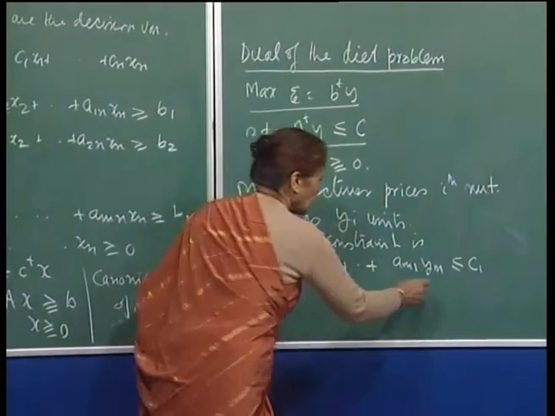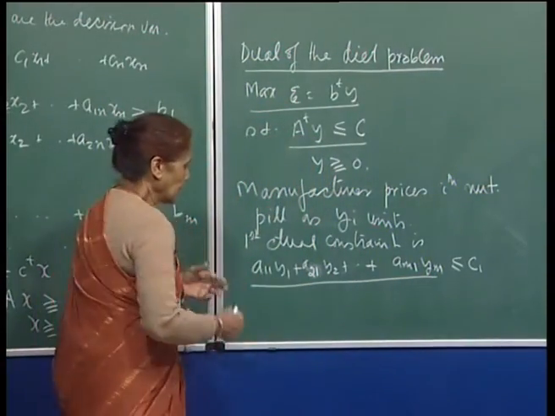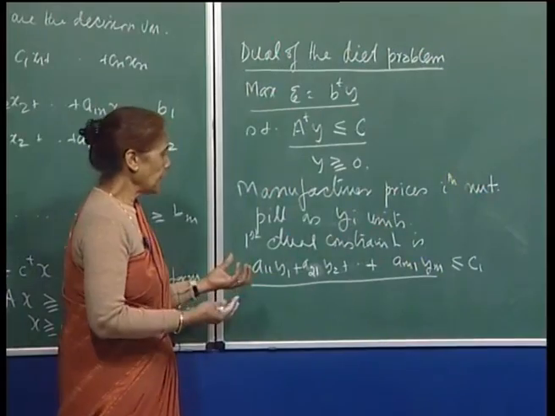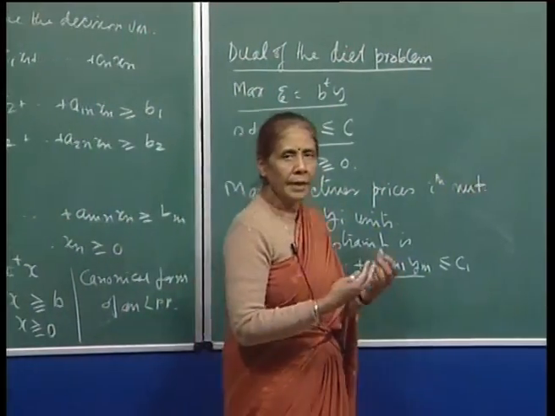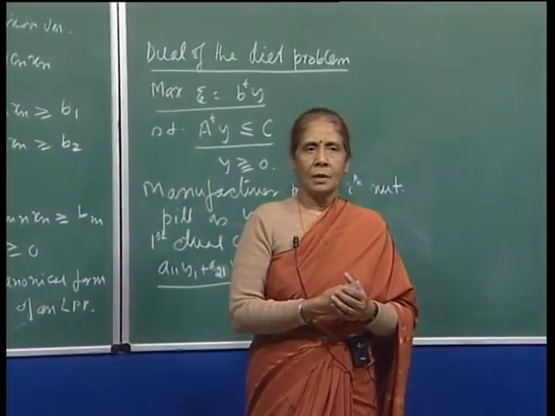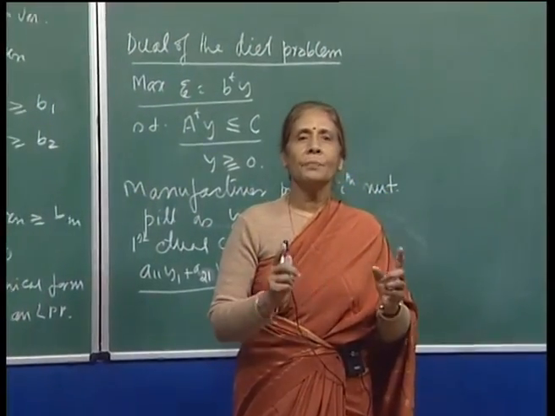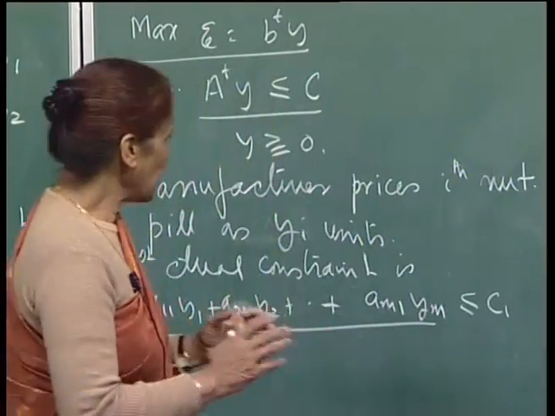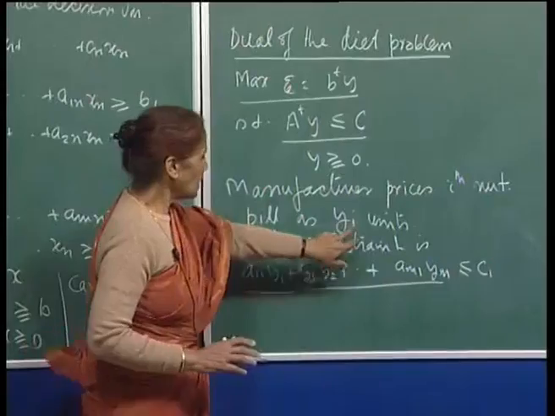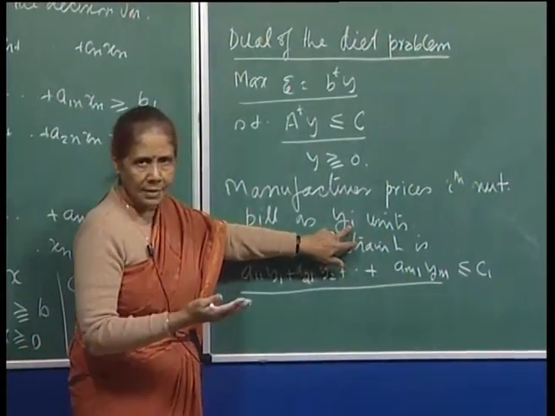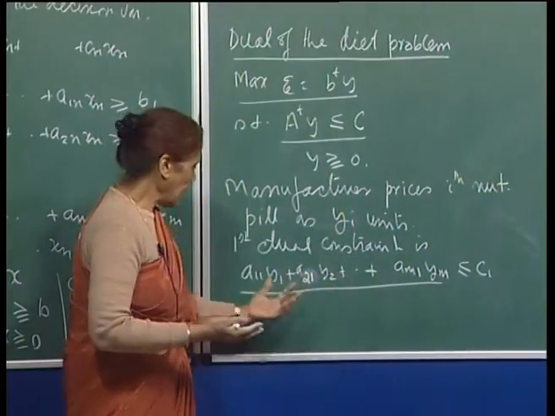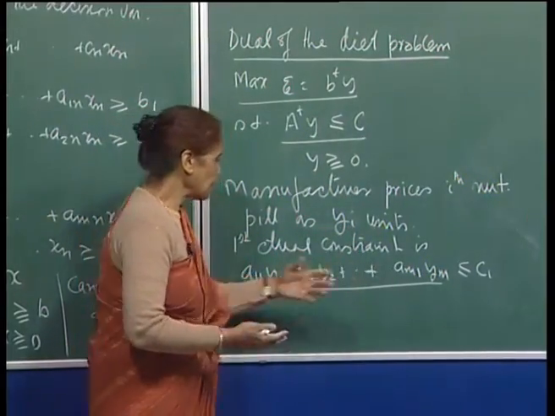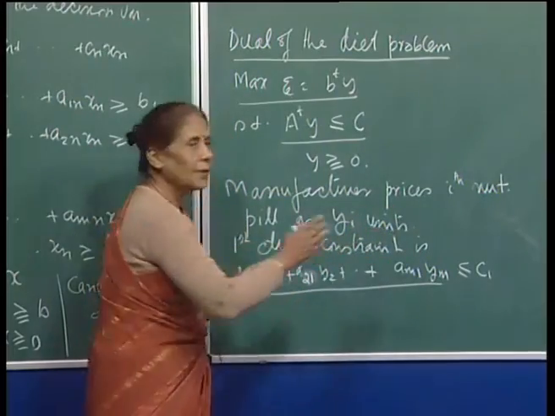So, this is the total worth. The left hand side tells you the worth of the first food in terms of its nutrients, corresponding to the prices that the manufacturer is putting on these different nutrients. So, for the manufacturer, these are the prices of the different nutrients, and A11, A21, AM1 are the amounts of the different nutrients present in the first food.